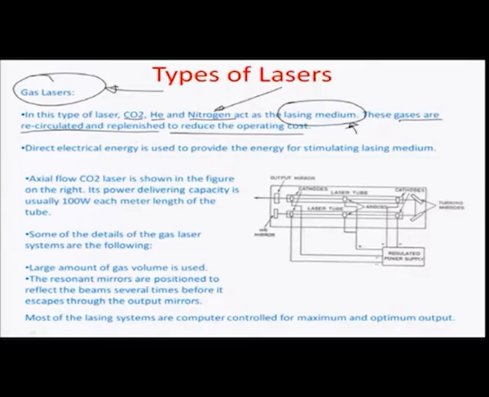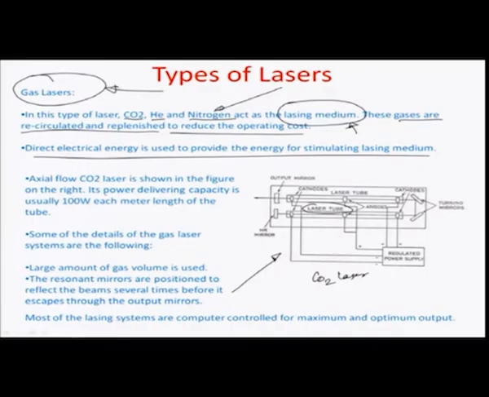In some of the cases, direct electrical energy is used to provide the energy for stimulating the laser medium. For example, this right here shows a CO2 laser where you can see that there is a lasing tube and there are these electrodes, the cathode and anode, which actually produces a discharge, and it is the discharge which actually produces the further population inversion as well as the stimulated emission.